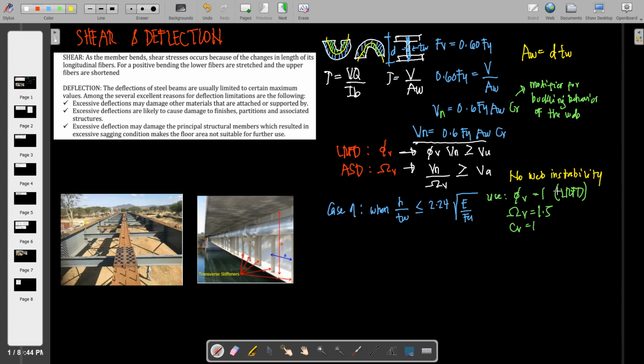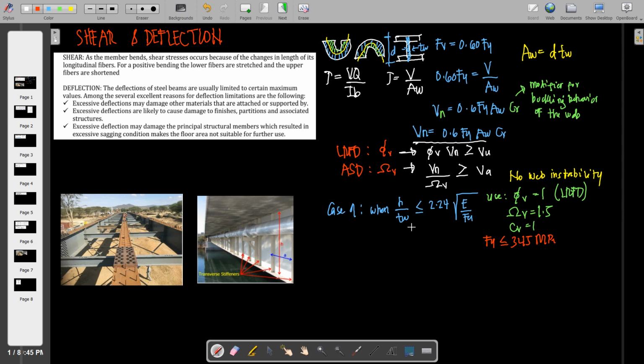This is normally occurring in most cases where our Fy is less than or equal to 345 megapascal. So in most cases, as long as Fy is less than or equal to 345 megapascal, this will fall under case 1 or under that condition.